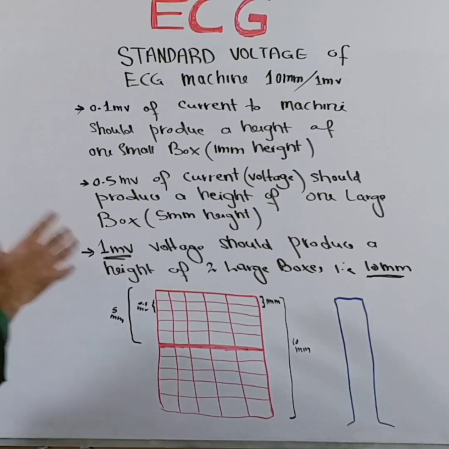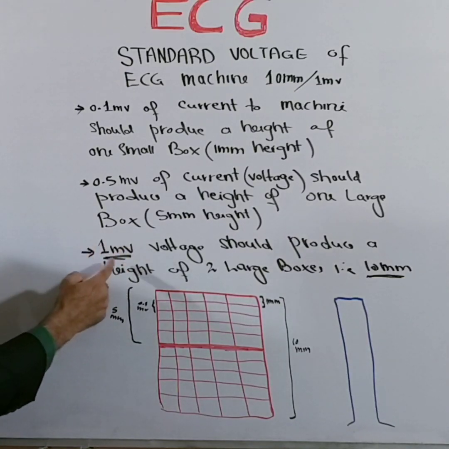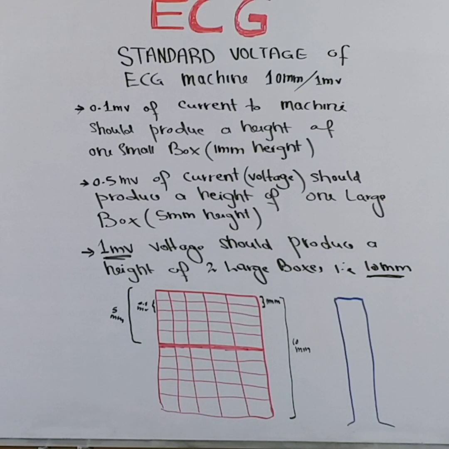So in total, if the machine is being delivered 1 millivolt current, it should produce a height of 10 millimeter or 2 large boxes.